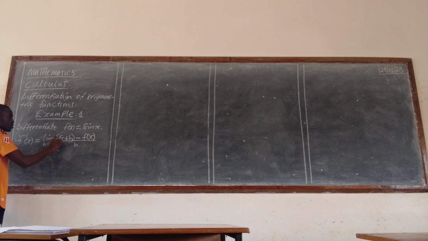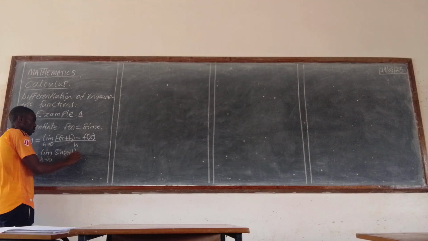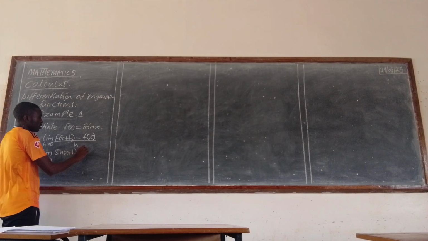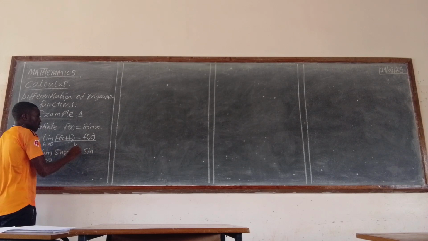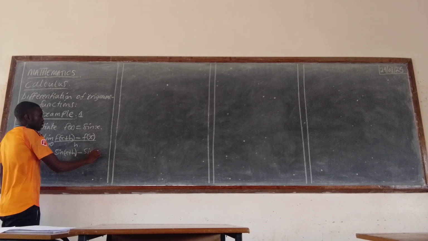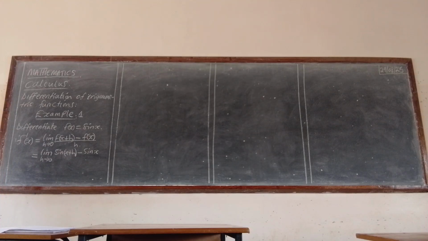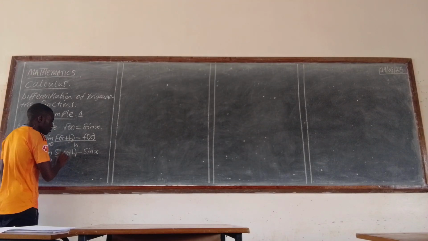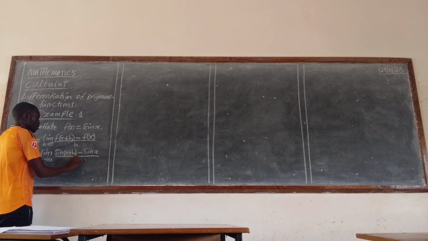We are going to replace the function here: as h approaches 0, I'm going to say sine of x plus h, then minus the same function, which is sine x. Then we are dividing this by h.